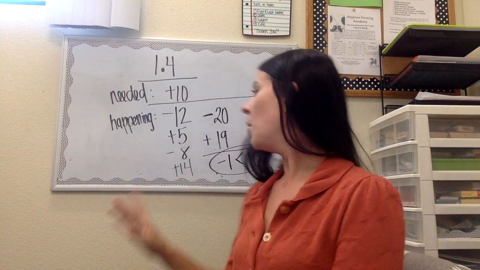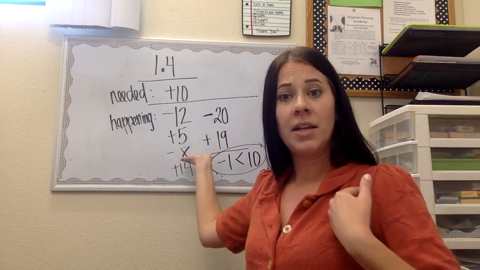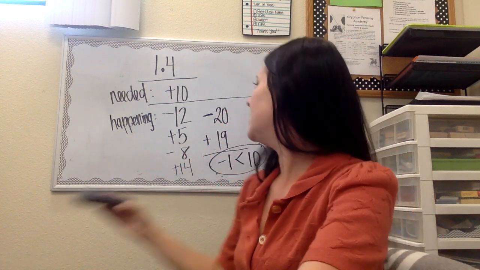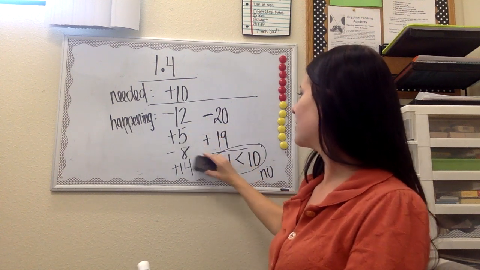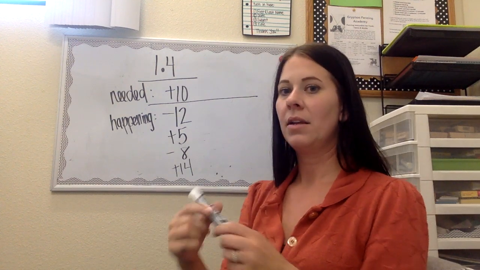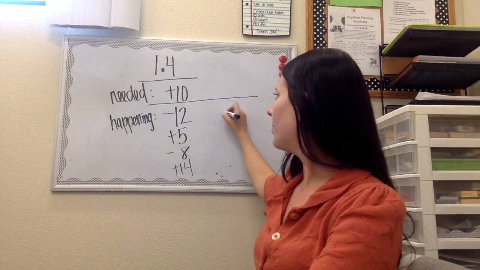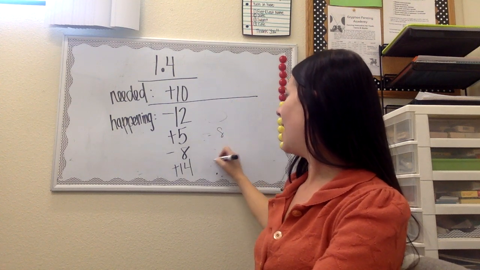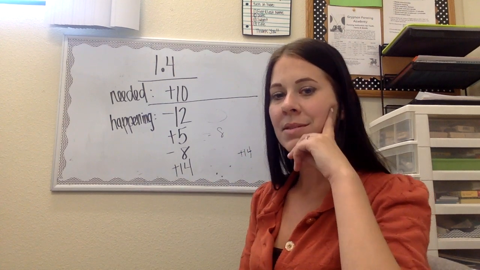When you get to multiple numbers, I would love if you tried this strategy, but if you need to break it down, and instead of combining the negatives and combining the positives, you want to do this a little bit at a time, that's fine. So we could have said negative 12 plus 5 and made that one problem, subtracted our 8, made that another problem, and added our 14, but you'll notice you did 3 math problems.